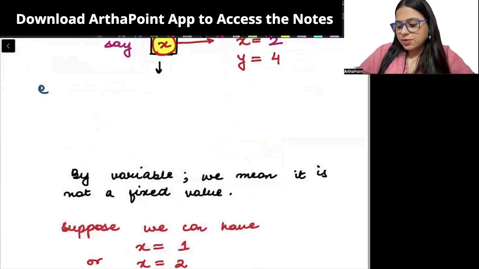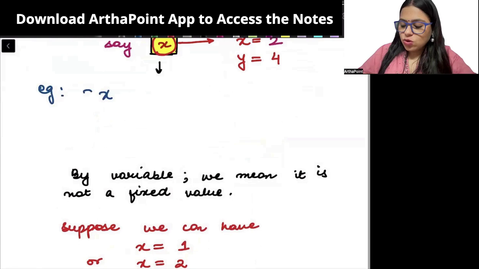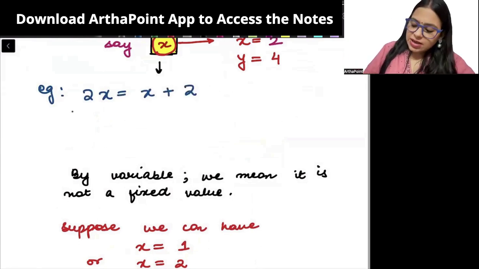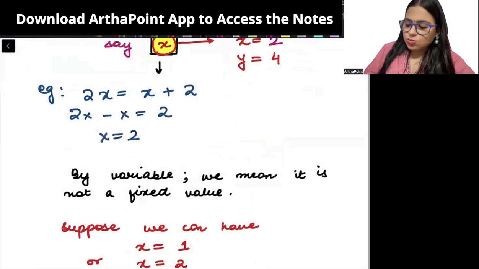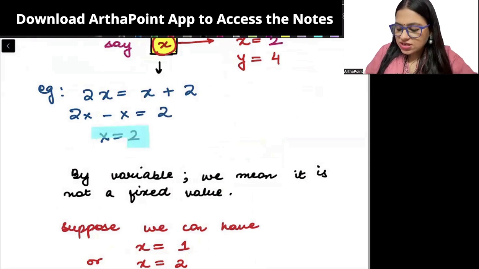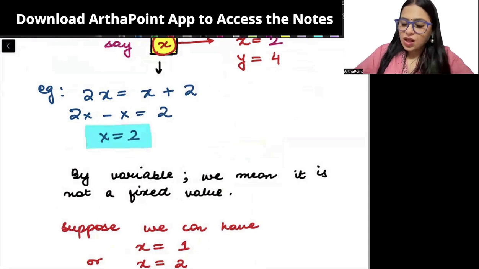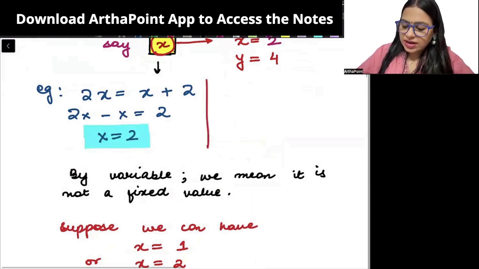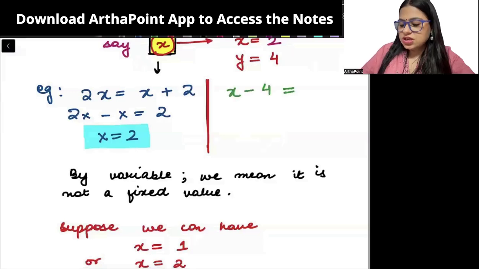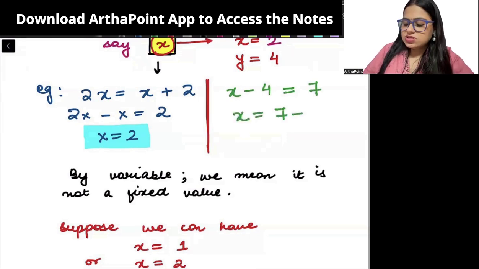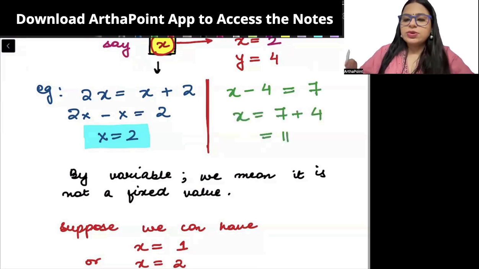जैसे for example, if I say 2x is equal to x plus 2, तो यहां से हमारे पास आ जाएगा 2x minus x is equal to 2, x is equal to 2. तो this equation says that the value of x is 2. But when I will be writing this, x minus 4 is equal to 7, तो यहां से मेरे पास x आ जाएगा, x is equal to 7 plus 4, which is equal to 11.